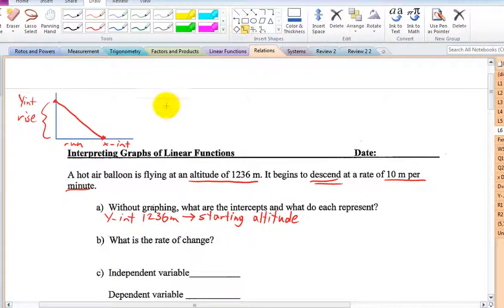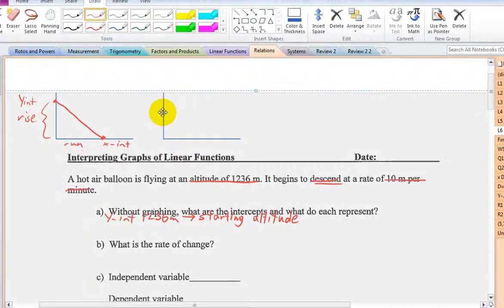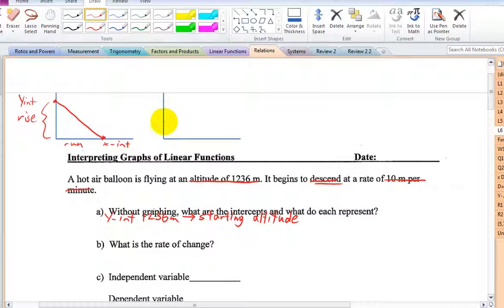If you have a graph where you don't have your intercepts, maybe you have one of them, but not the other, you have to find points on the line, right on the grid lines, so you can find your rise and run easily. You got to be careful though, because today we might be going up, right?